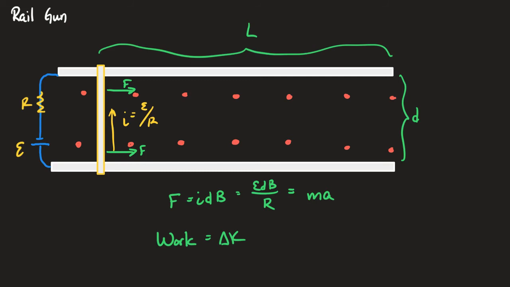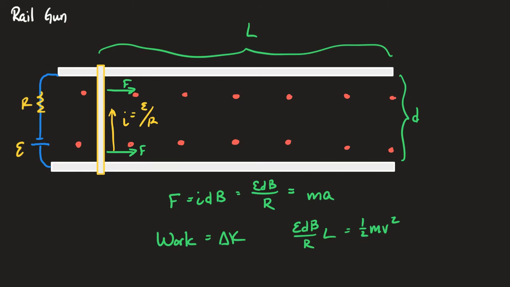I'm going to go one step further on this screen, and that's simply to say that that's the EMF times D times B over R times L equals 1/2 mv squared. We good?